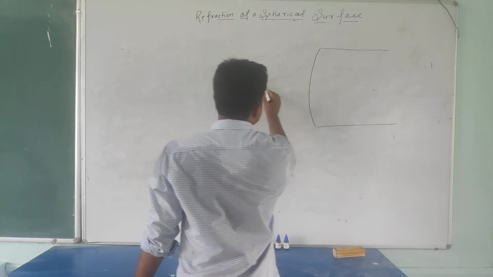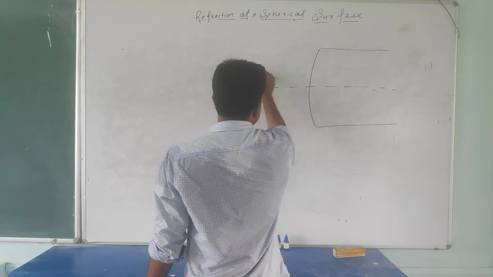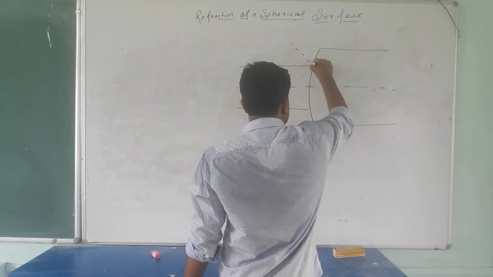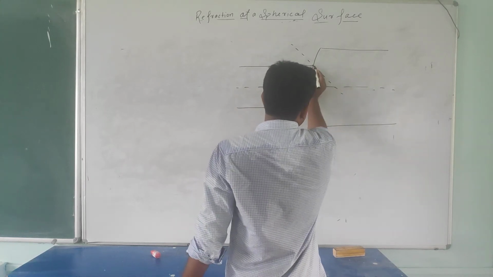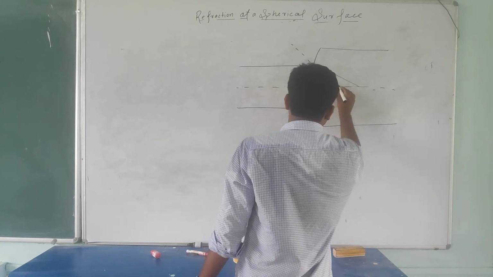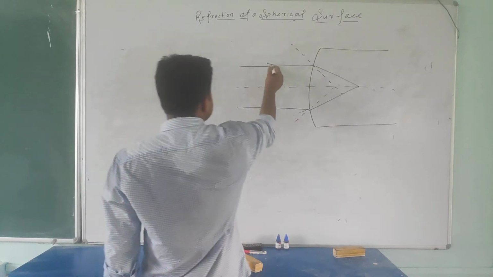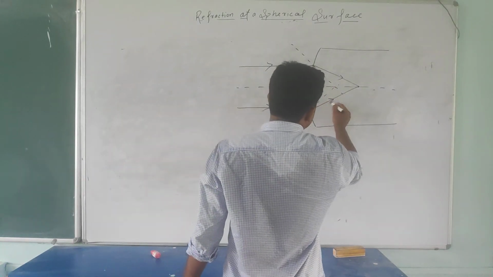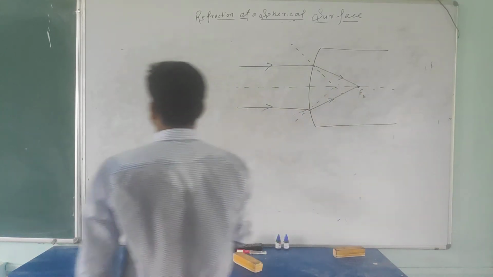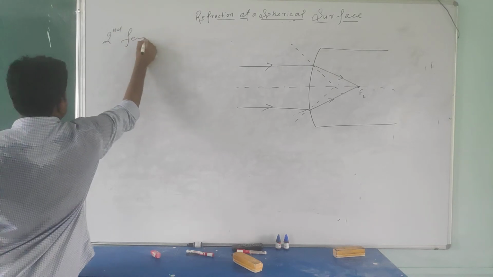And if a ray is coming parallel to the principal axis, what will happen? It will bend and here it will meet. So if a ray is coming parallel to the principal axis and where it converges, this is the second focus.